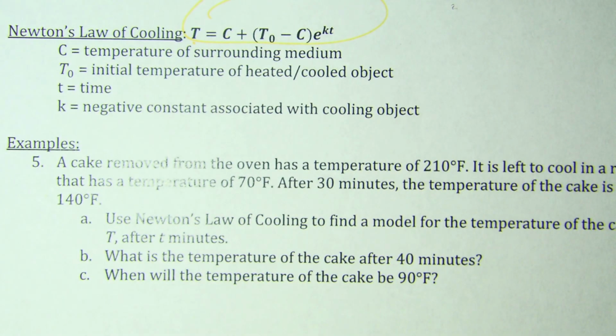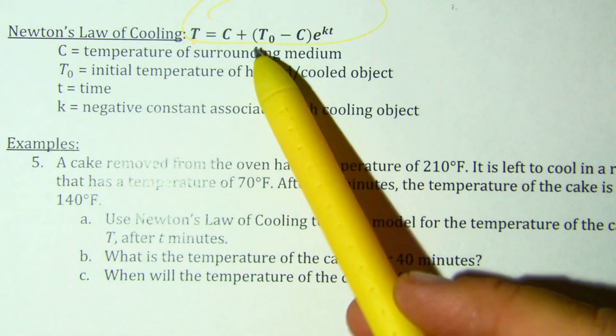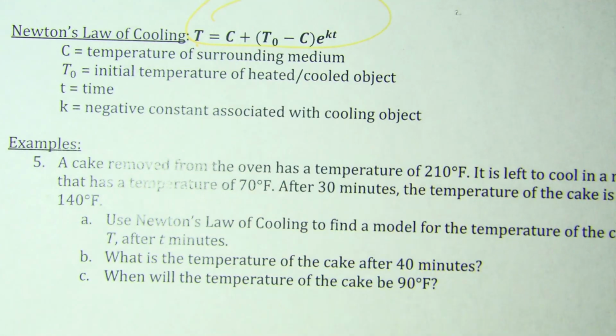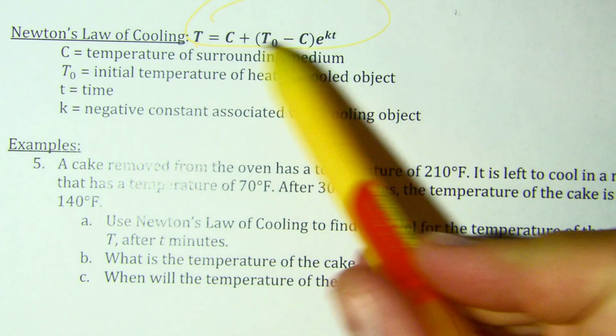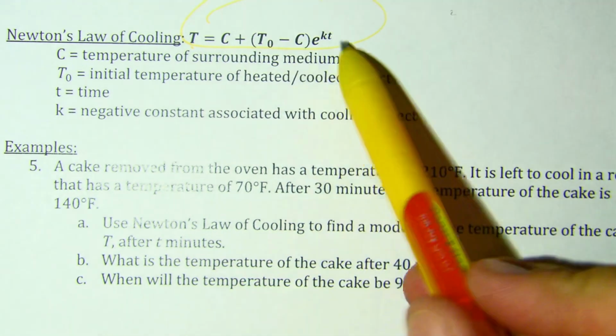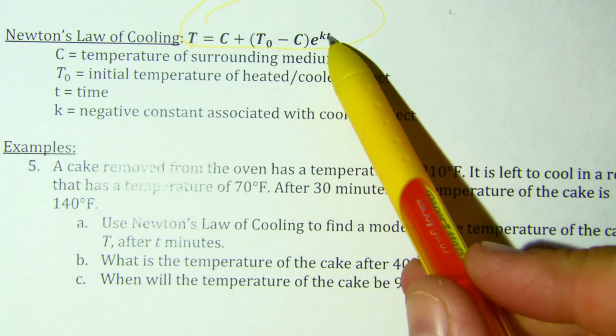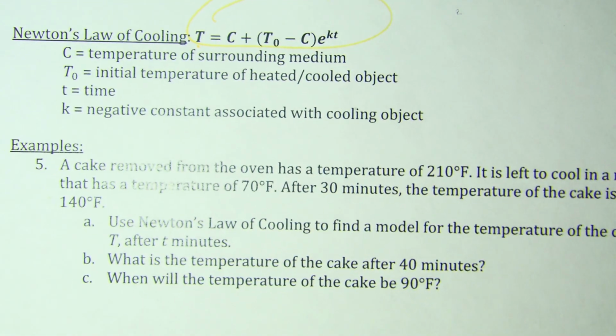So for example, if you have a cup of ice and you put it in a room that's 75 degrees, the surrounding medium would be the room that's 75 degrees. T naught, or T sub 0, is the initial temperature of the object you're measuring. So in the example I just gave, that would be the temperature of the cup of ice. And C here is the same C here, that surrounding medium. K is the rate, E is the number e, and little t is time.